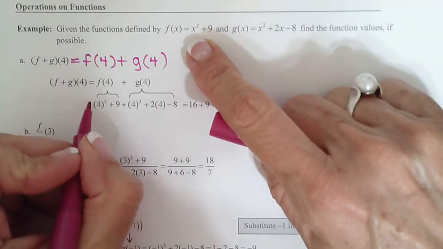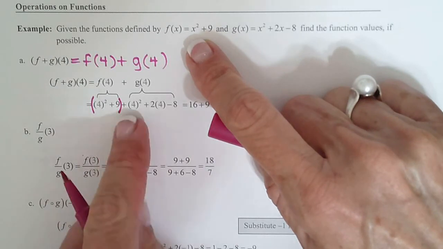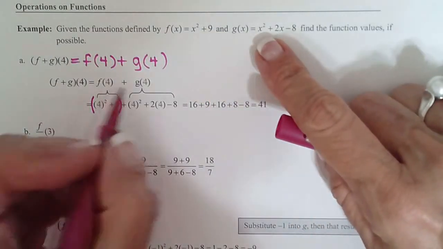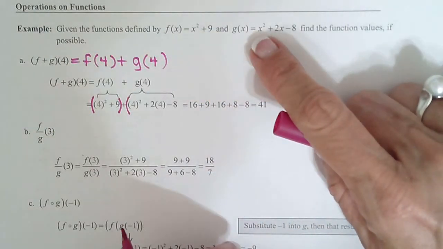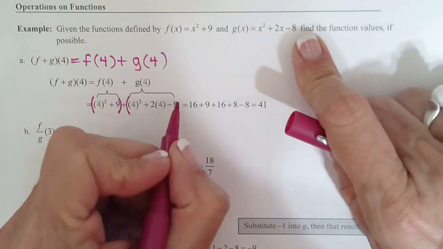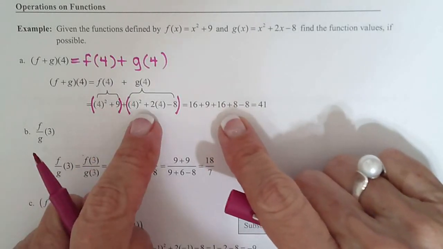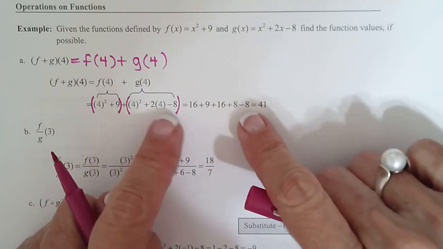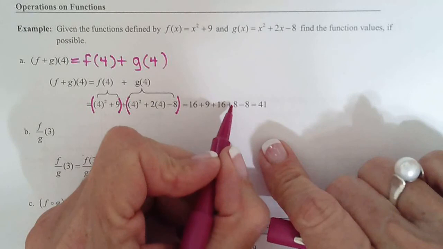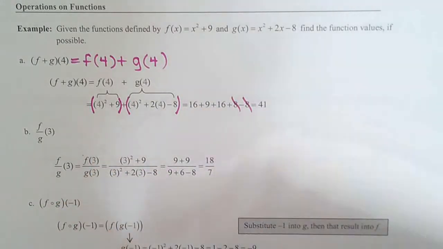So 4 squared plus 9. I always like to tell everybody to put parentheses too. Plus, then we go into g, and every x we replace with 4. 4 squared plus 2 times 4 minus 8. And that gives us 16 plus 9 plus 16 plus 8 minus 8. So those cancel. 32 and 9, 41.